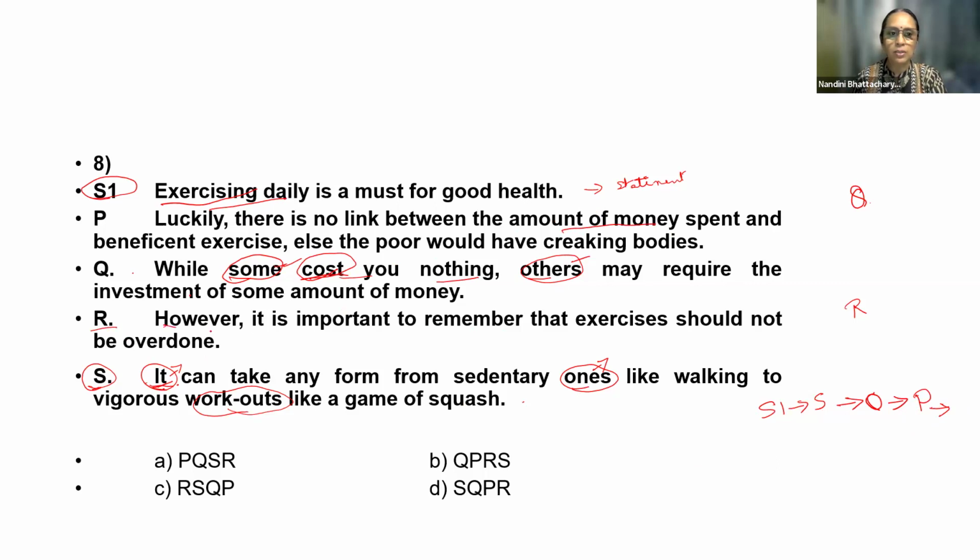So R is a concluding statement, begins with however. It is important to remember that... now what can however do? Either it can set up a contrast or give a conclusion. It is important to remember that exercises should not be overdone. So that could be a concluding statement, right?